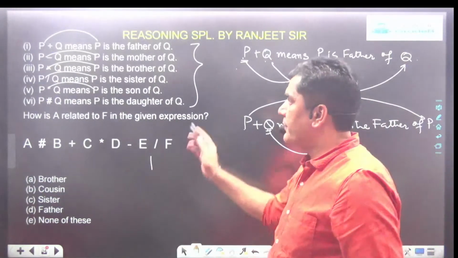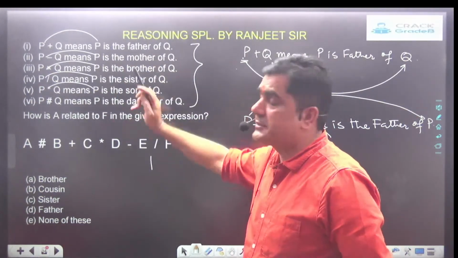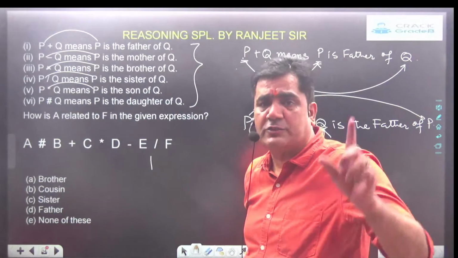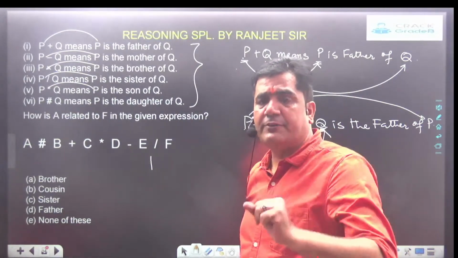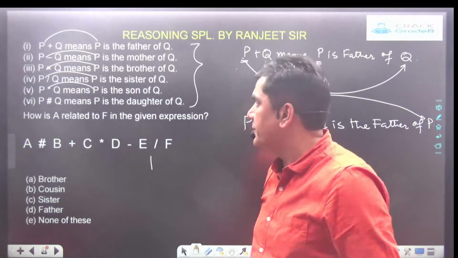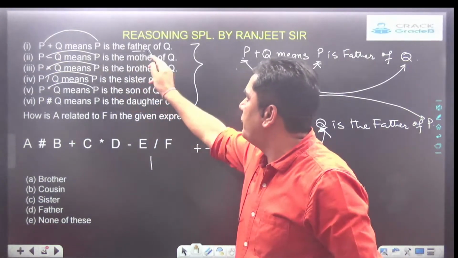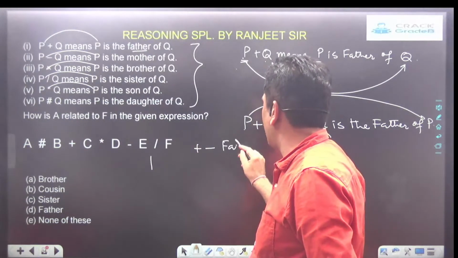Now here, they have given P plus Q means P is the father of Q. So everywhere the first person has come at the first place. This is the first observation in the exam. Thereafter, very quickly, you have to see the meaning of these symbols. Plus stands for father.